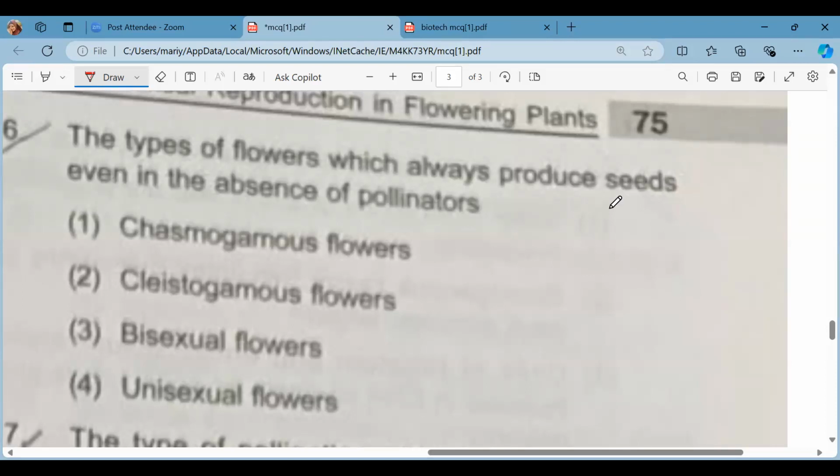Cleistogamous is when the flowers are closed, and chasmogamous is when they are open. So option B would be right, because when the flowers are closed, the pollen grains will obviously fall on the female part, isn't it? That is cleistogamous.